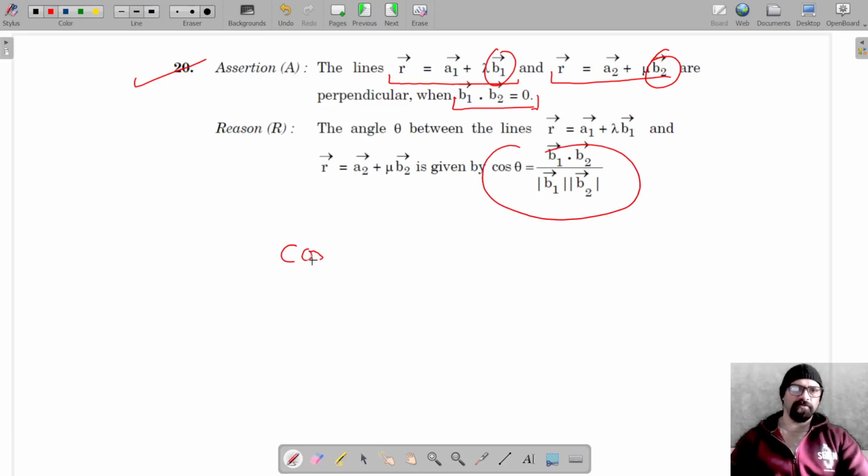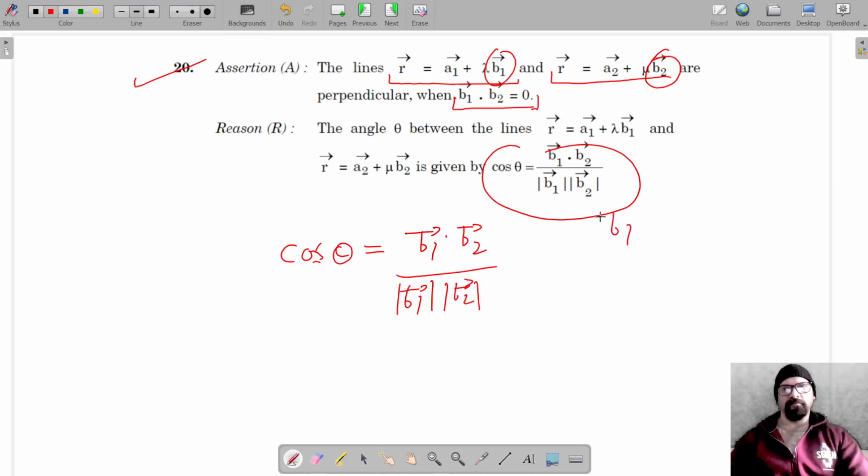So let's use this and see if it's the correct reason. We get the dot product of B1 and B2. So cos theta is the dot product of B1 and B2 divided by the magnitude of B1 into the magnitude of B2.